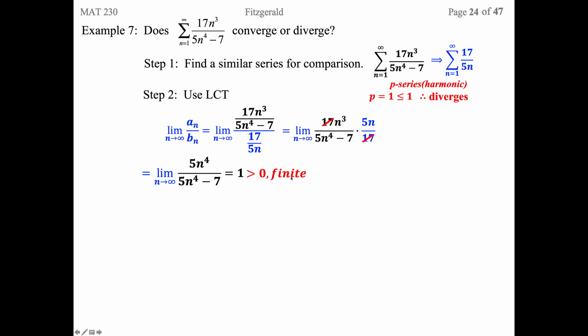That's greater than 0, and it's finite. So therefore, my original series is also going to diverge by the LCT test. Okay, so again, this is a great test to do if your direct comparison test doesn't work. You've got all the information here, just jump over to the LCT test right away.